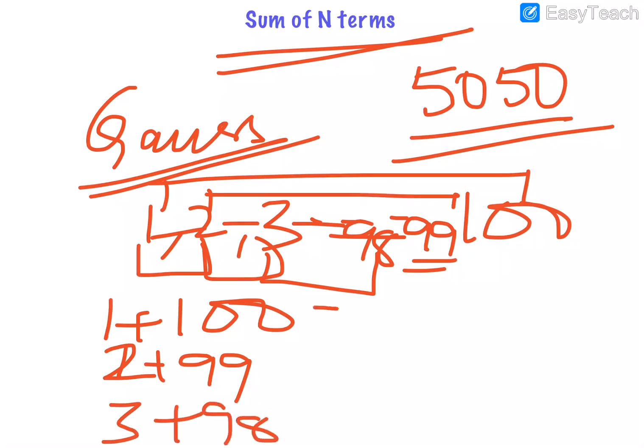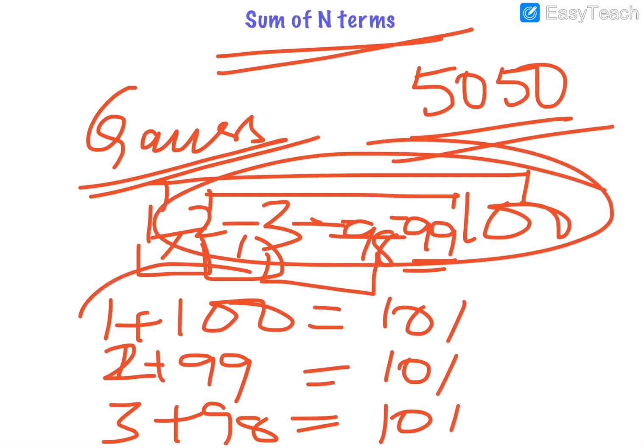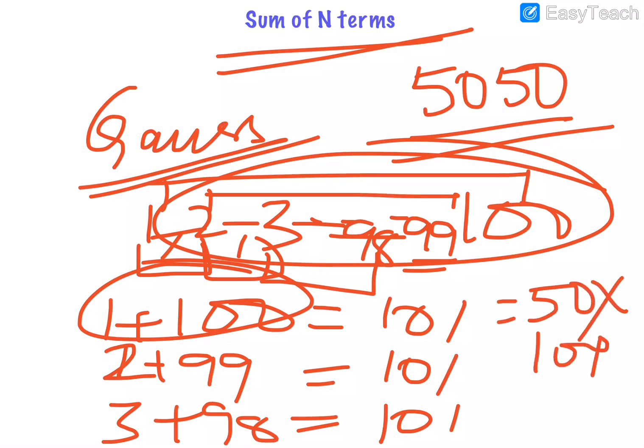He observed a pattern: 1 plus 100 is 101, 2 plus 99 is 101, 3 plus 98 is 101. So for 100 terms, by adding two terms at once, he gets 50 101s, which when multiplied gives 5050. This is what he explained.